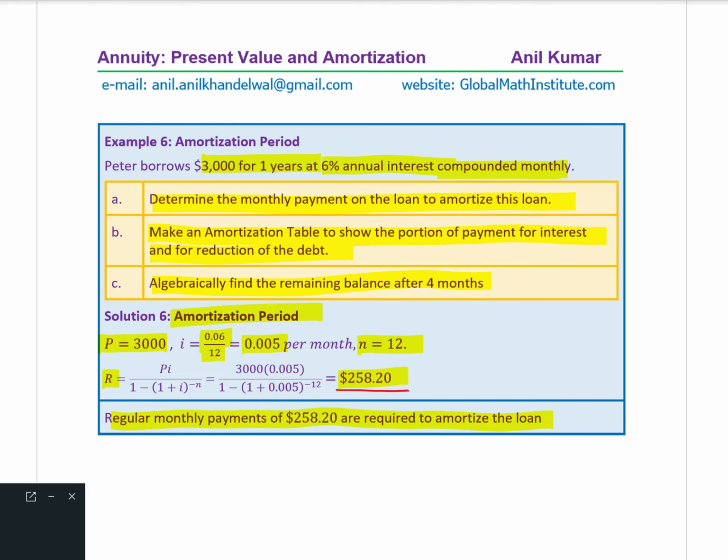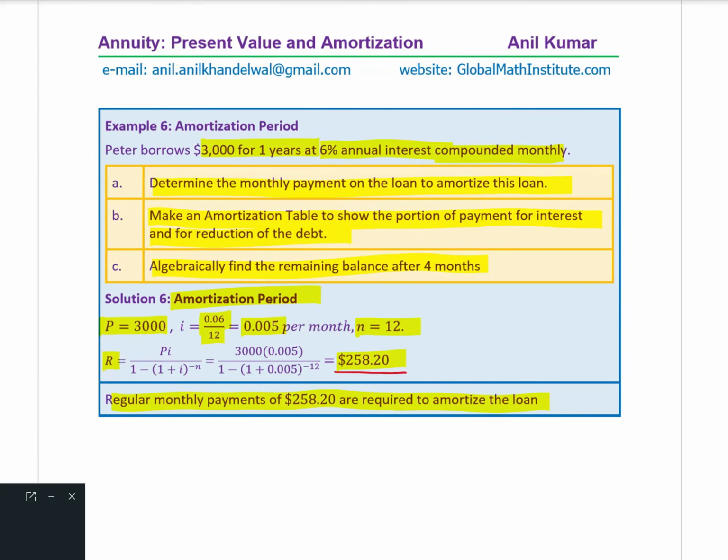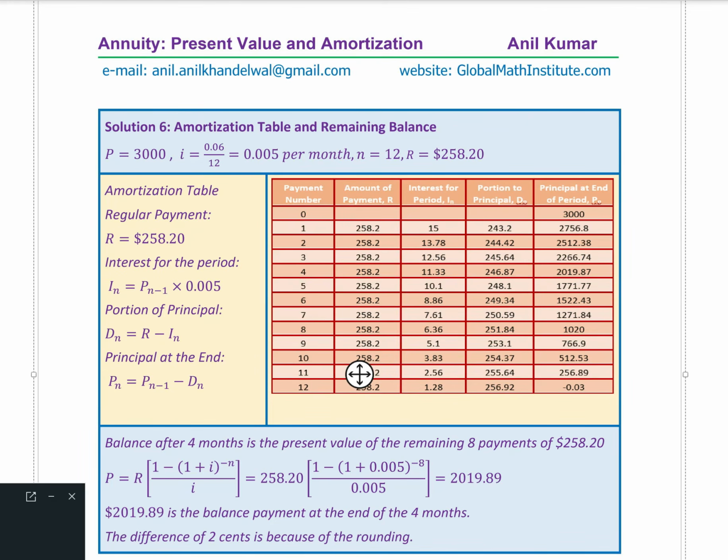So we'll assume the same amount and make a table now. While making the table, which is shown here, here are the values which we are working with. We have a principal of $3,000, interest rate 6%, which is divided by 12 to get 0.005. Number of periods are 12, and we just calculated the value of R, or monthly payments, as 258.20.